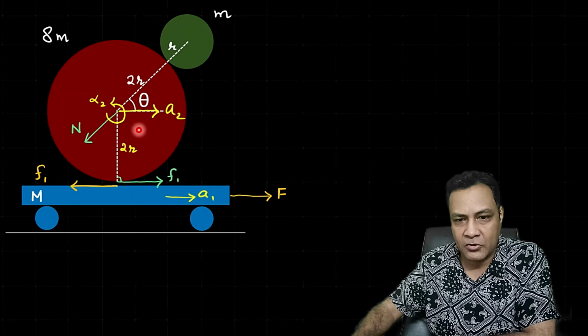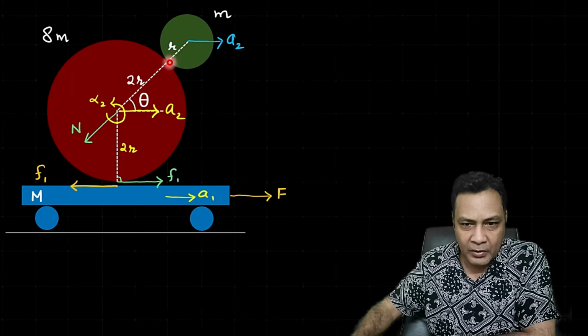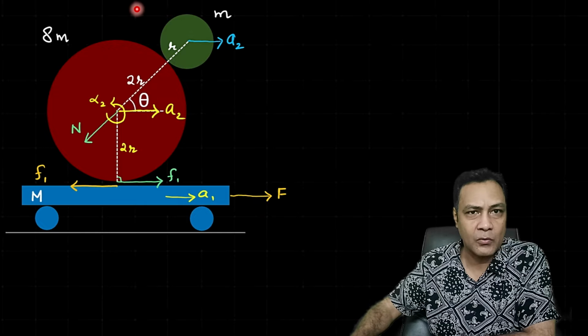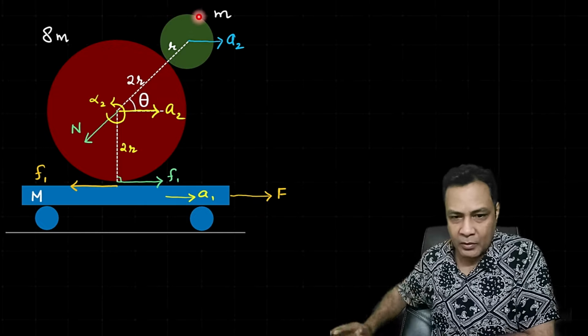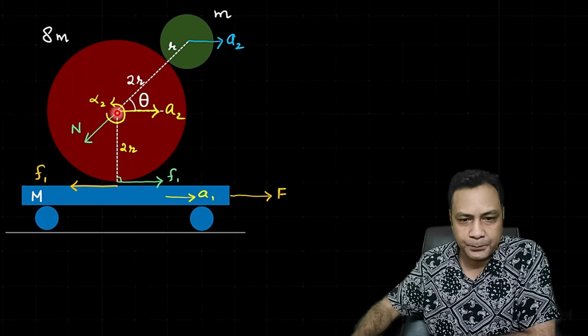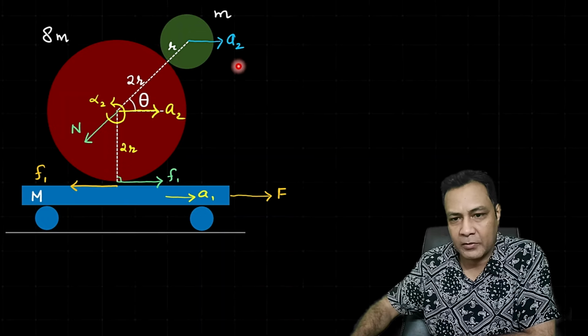If these accelerations are not the same, then this line will rotate. There is no slipping between these two spheres, meaning the acceleration of this contact point would be the same for this sphere and this sphere, otherwise there will be slipping. So with respect to the center of this sphere, there will be an acceleration 2r alpha 2, and plus a2 will have to be added.